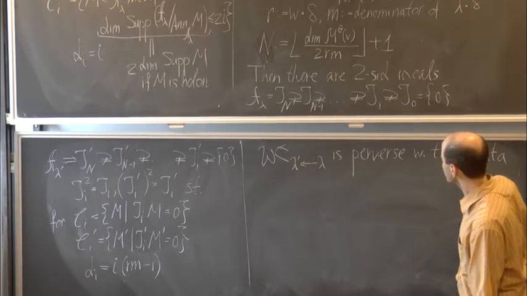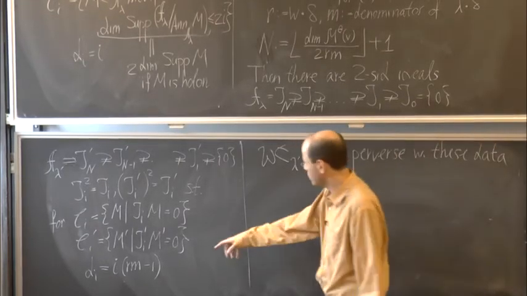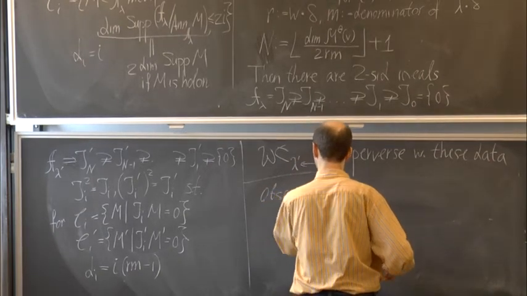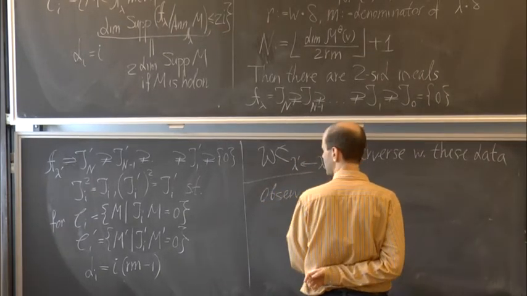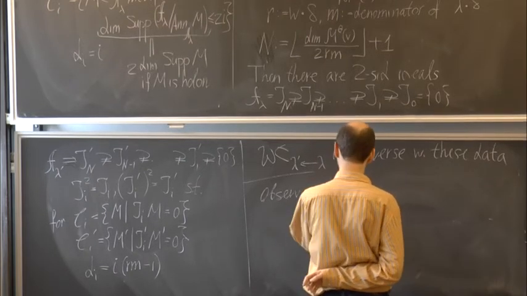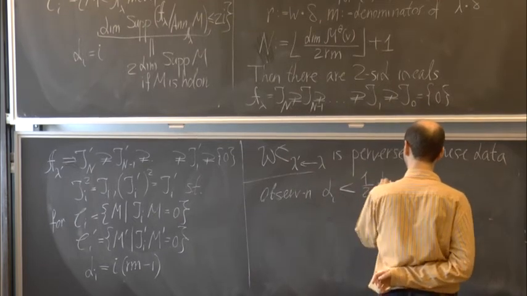And in particular, if you look carefully at the numbers which appear, you see, so observation, that this di is always less than 1/2 of the dimension.